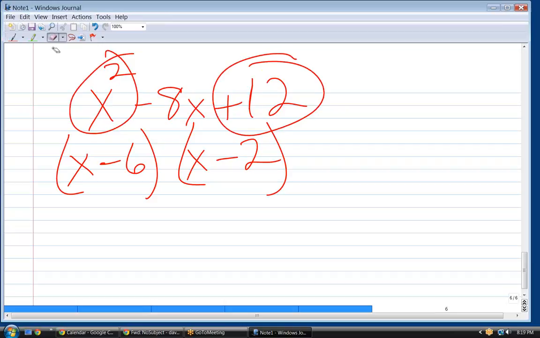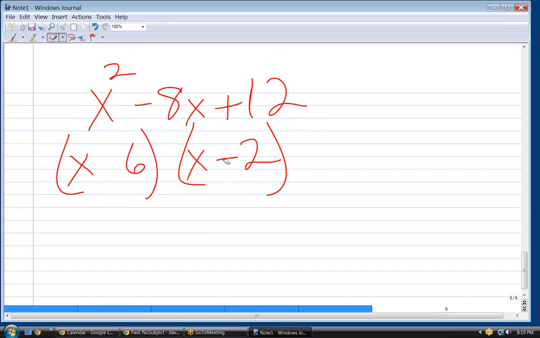Yeah. And maybe if I show you my technique here, it might help you just marginally. Okay? Here's what I do. Step 1, I separate the x's. Step 2, I figure out what the signs are going to be. Because that's a plus, I can only get a plus if the signs are the same. They either have to both be negative or they have to both be positive.